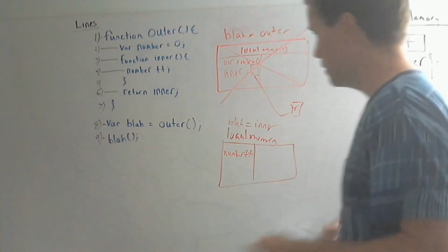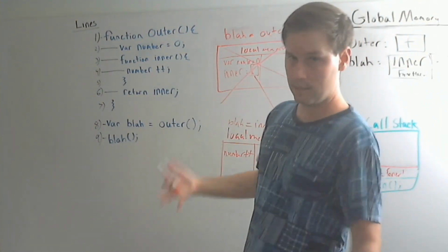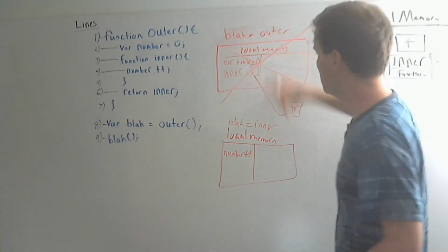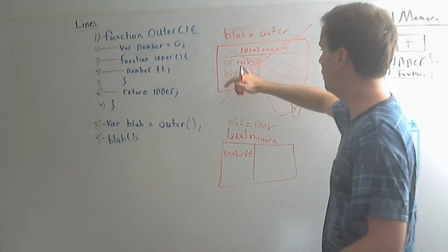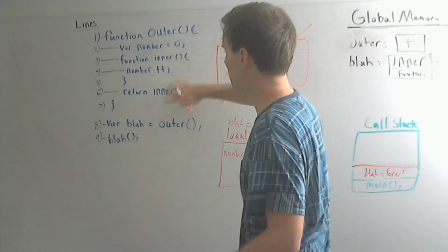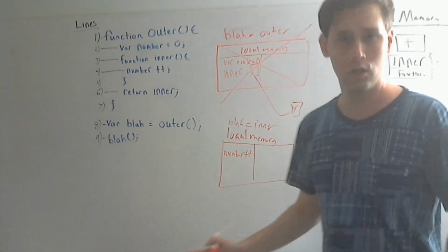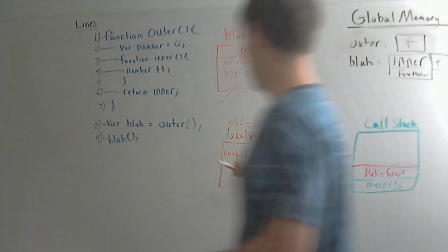That's how it works. But in this case, right here, behind the scenes, what's happening is this is gone, right? We don't have outer's gone. We don't have access to this number or all the other variables that could be inside of it. We're outside of the execution context. So where do we get number variable? Well, we got to increment it right here, right?